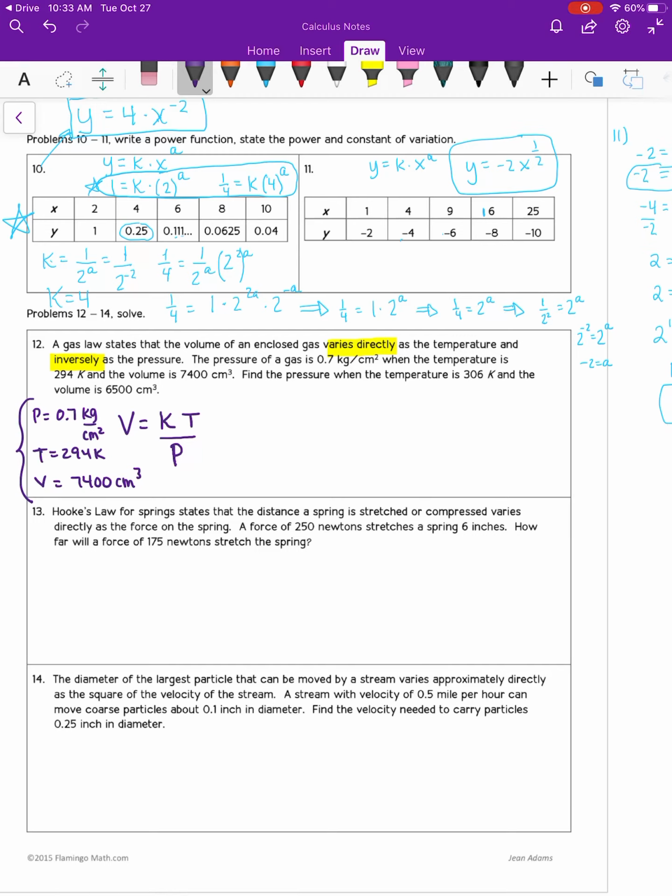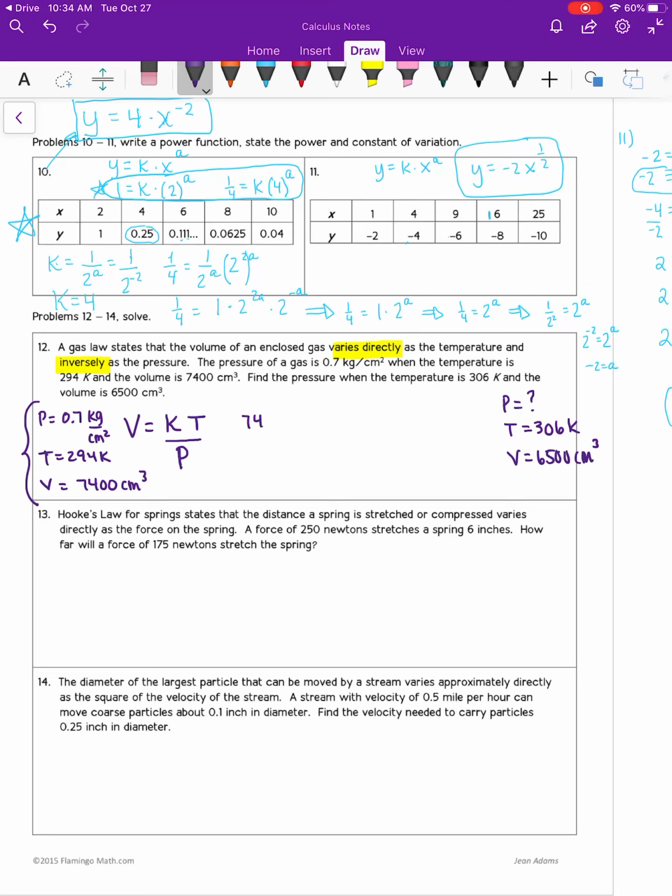Then we're going to use that to find K. We'll have V, T, and P, and we'll be able to solve for K. We're going to store it in our calculator. And then they're going to give us another situation. It says find the pressure. So once we find K, we'll be able to solve for the pressure when the temperature is 306 kelvins and the volume is 6,500 cubic centimeters.